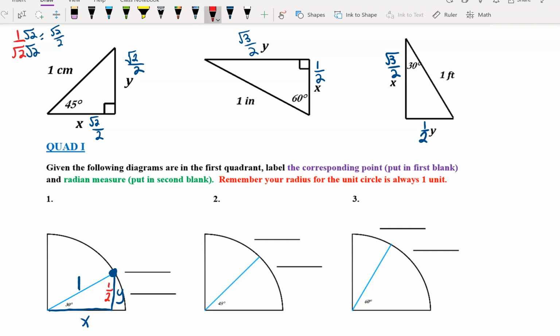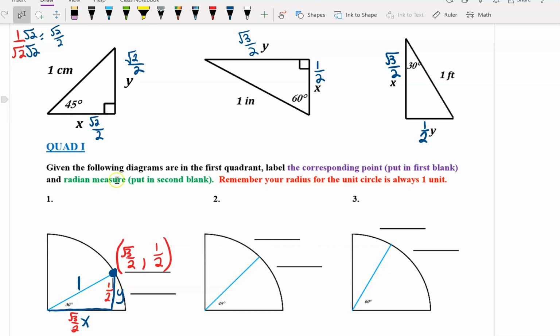So x is going to be root 3 over 2. And now we just write that as a coordinate point. Remember, coordinate points always go x first. So root 3 over 2, comma, y second, so 1/2. And that's the coordinate point at our 30-degree angle here.